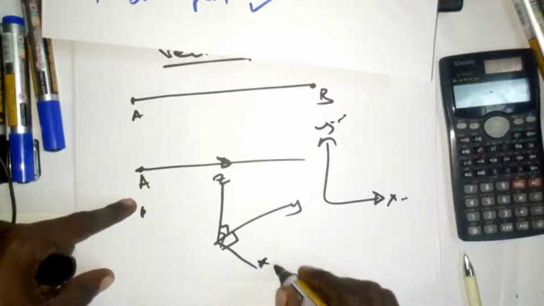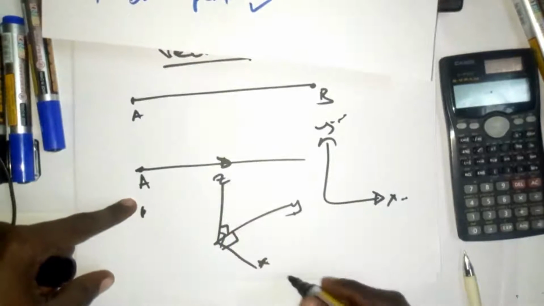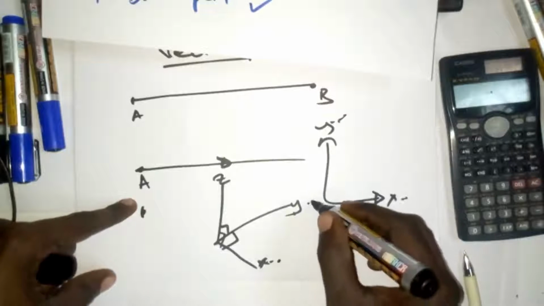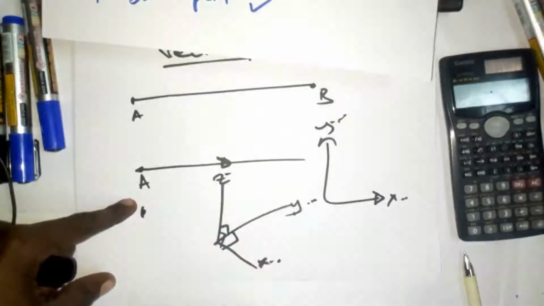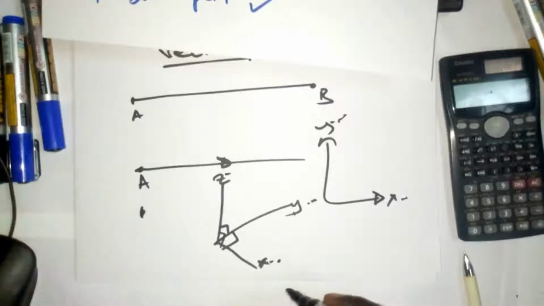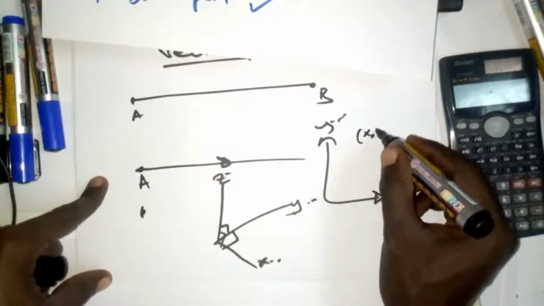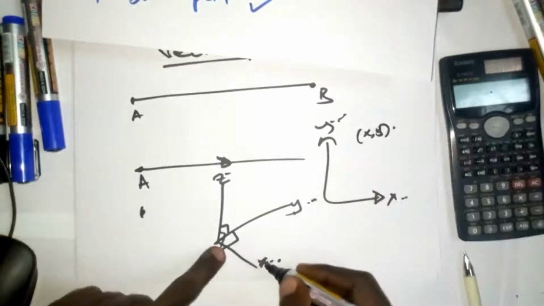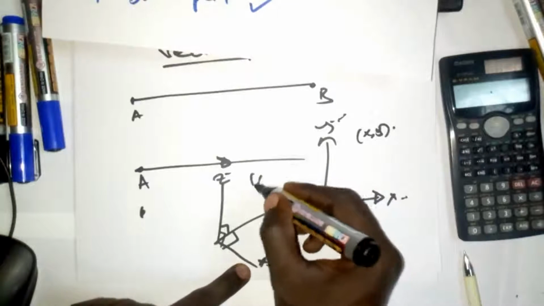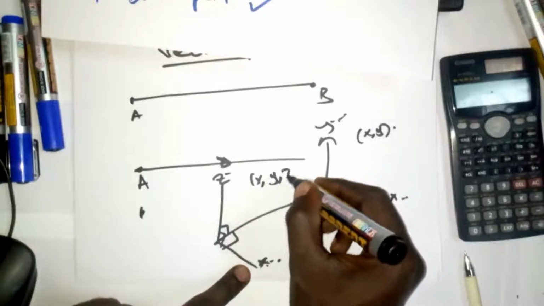But in this case, we have x, y and z, the 3 dimensions. This is going to be the x-axis, this is going to be the y-axis, and this is going to be the z-axis. In the XY plane, I write the coordinates in the form of x and y. But here, I have x, y, and z, so I have to write it in the form of x, y, and z.